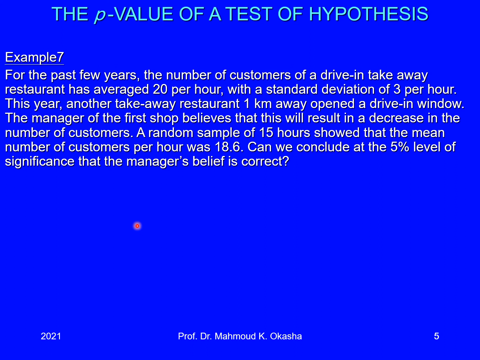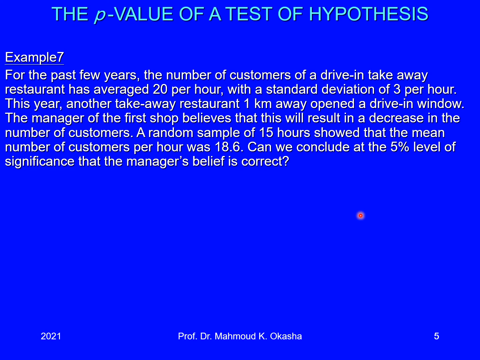To test this belief, a random sample of 15 hours showed that the mean number of consumers per hour was 18.6. That's the sample mean. Can we conclude at the 5% level of significance that the manager's belief is correct?